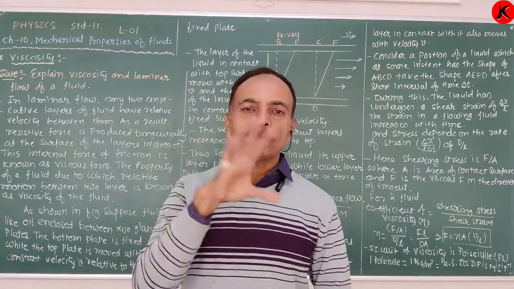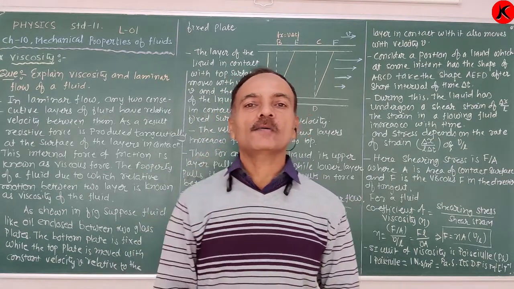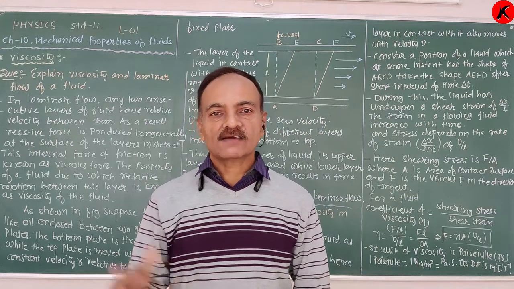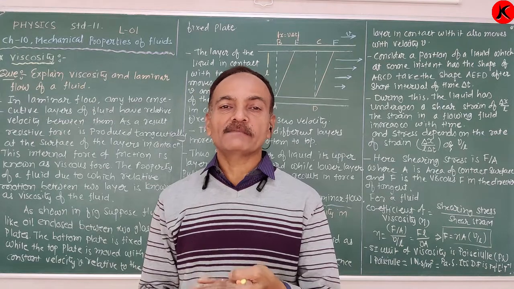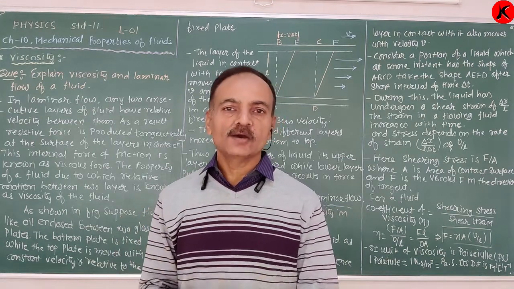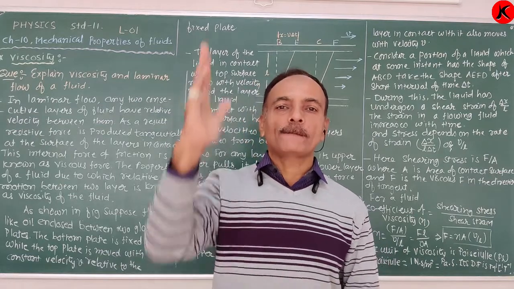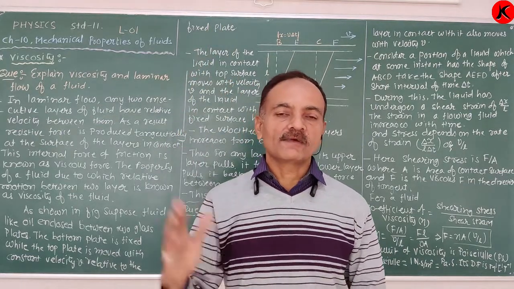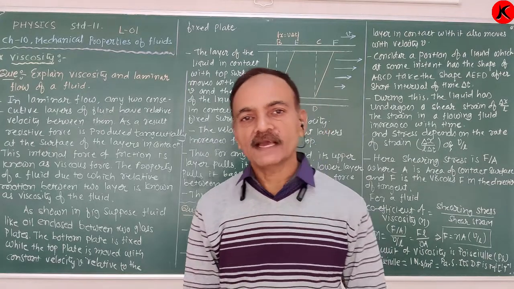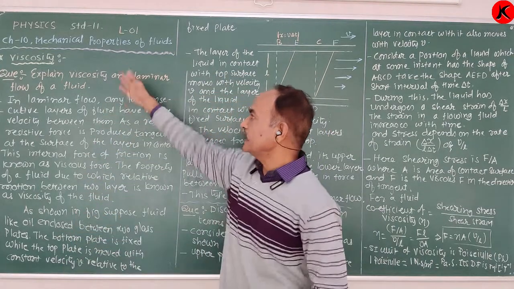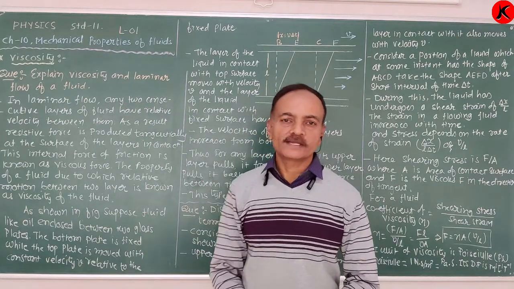The slightly upper layer, the second layer, has quite more velocity because here the force of attraction is exerted between the molecules of water of two consecutive layers. Thus, as we go up, the velocity of the different layers of water increases. Here we are discussing viscosity and also the laminar flow of a fluid.